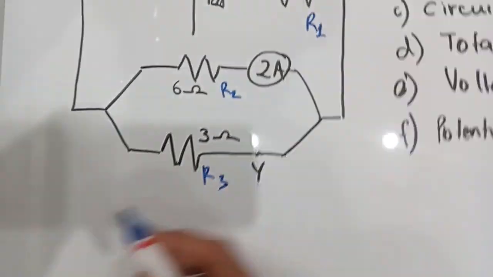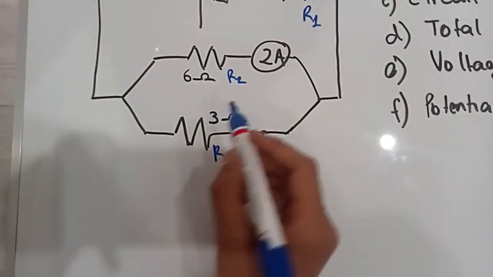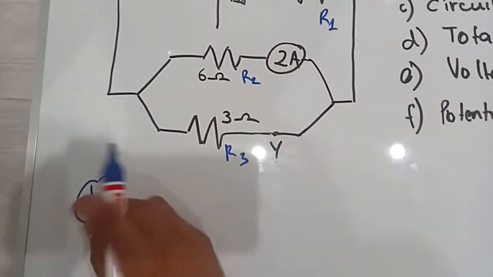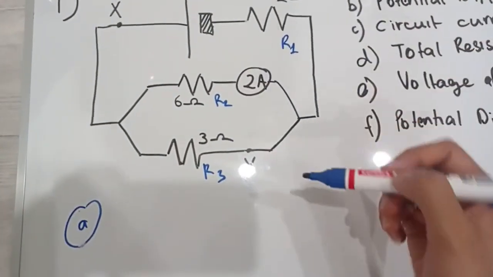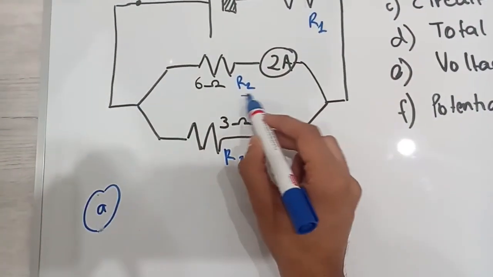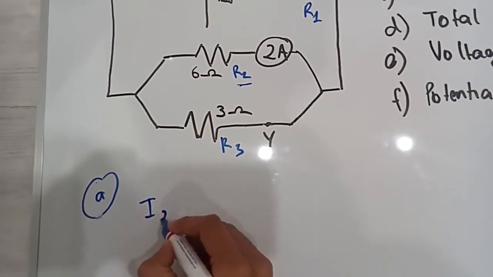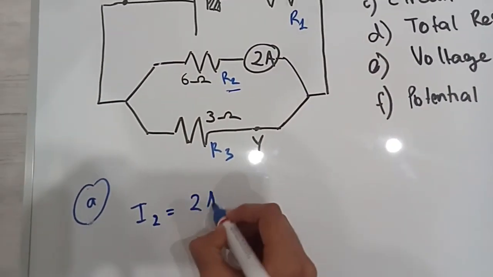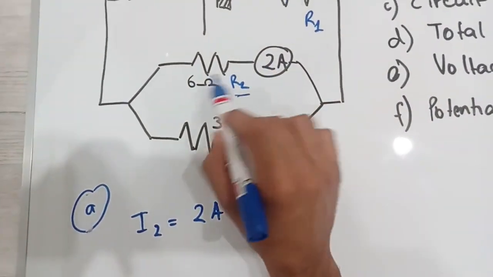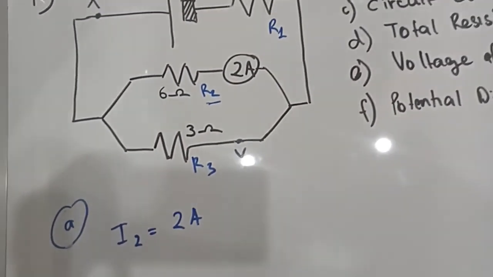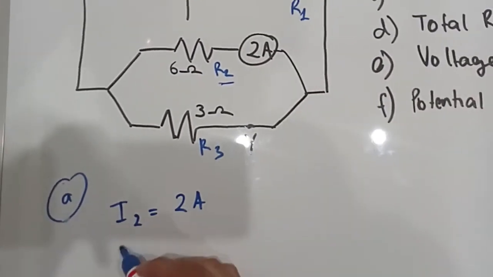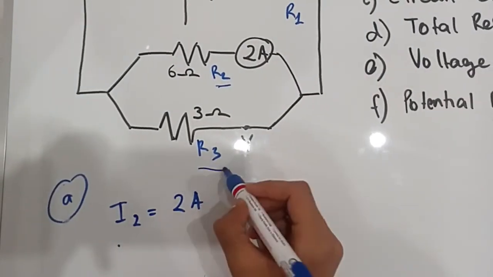Let's look at resistor 2. For the first question, A, we want to find the current flowing in each resistor. Current 2 for resistor 2 is 2 amps, because we can see the ammeter and the ammeter is telling us the current. Now let's look at resistor 3.